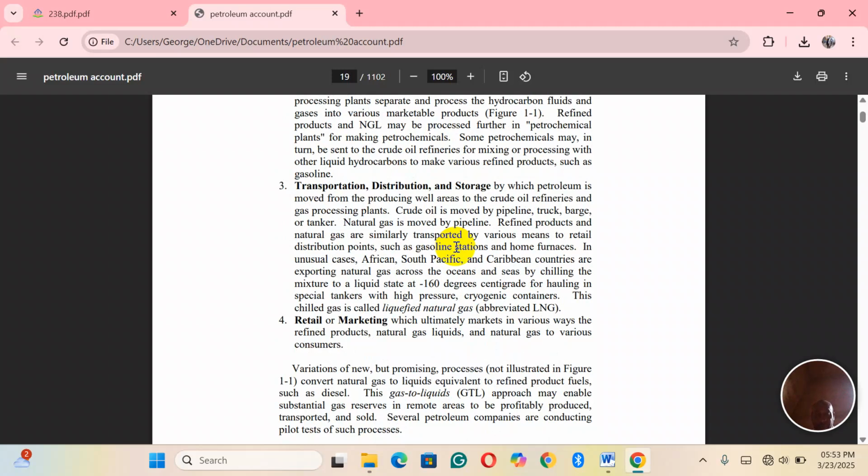Crude oil is moved by pipeline and truck, and also by barge or tanker. Natural gas is moved by pipeline.